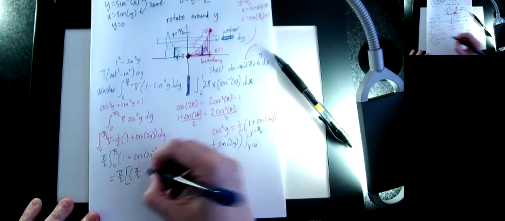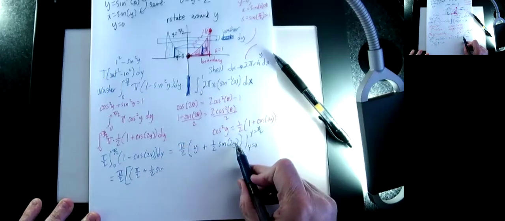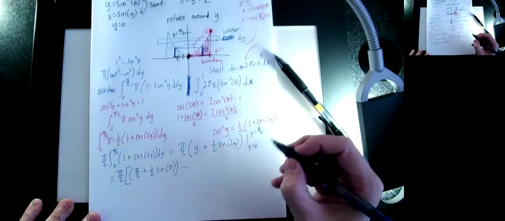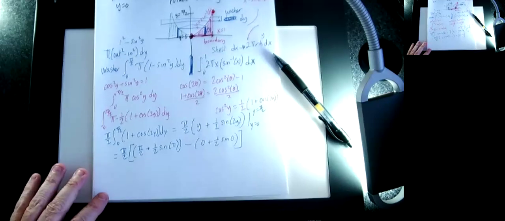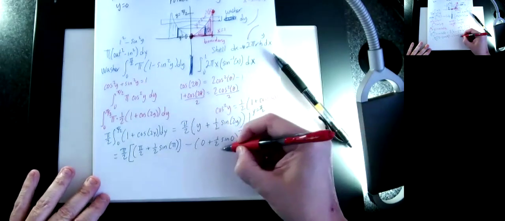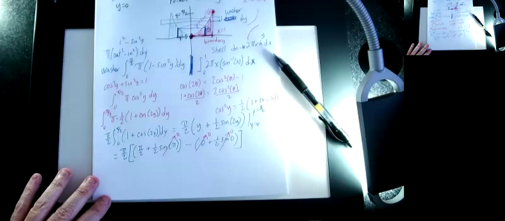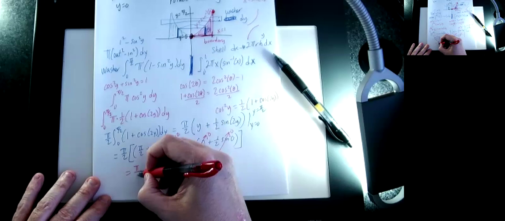So I have pi over 2 plus 1/2 sine. If I stick in pi over 2, multiply it by 2, I get pi there. Minus 0 plus 1/2 sine 0. Well, that's 0, that's 0, that's 0. And all I'm left with is pi over 2 times pi over 2. I've got pi squared over 4.